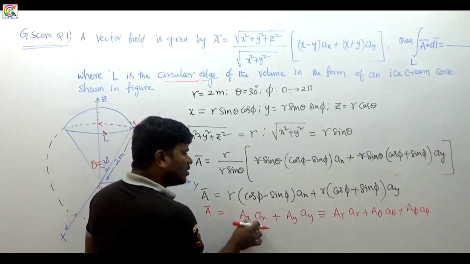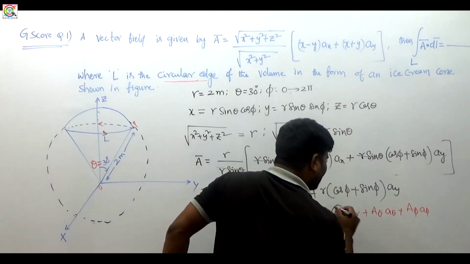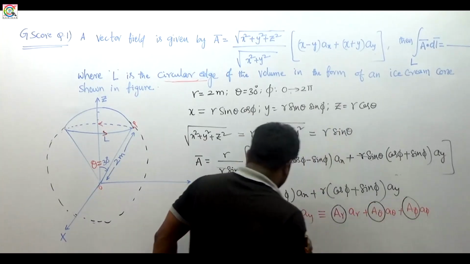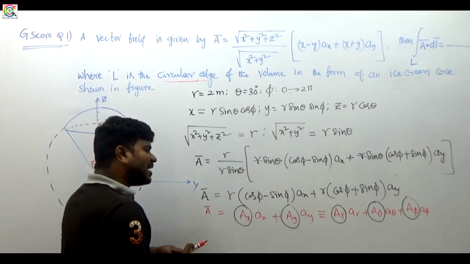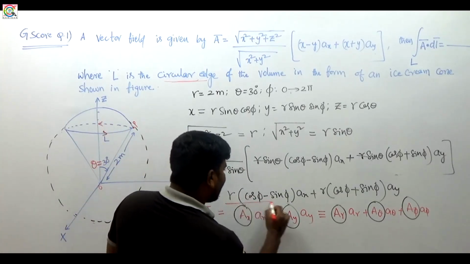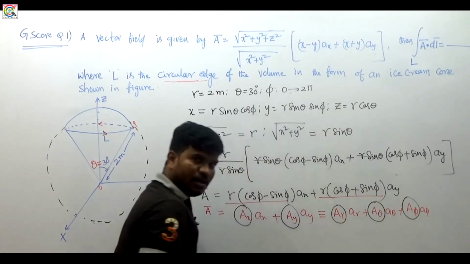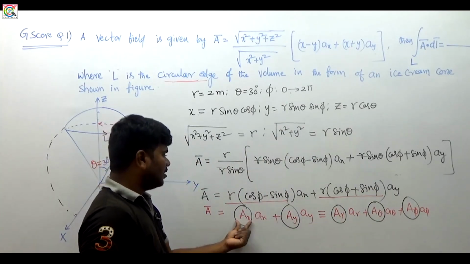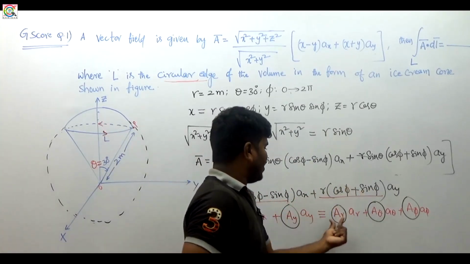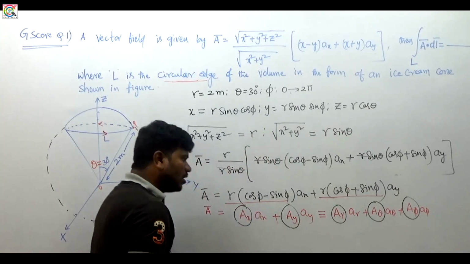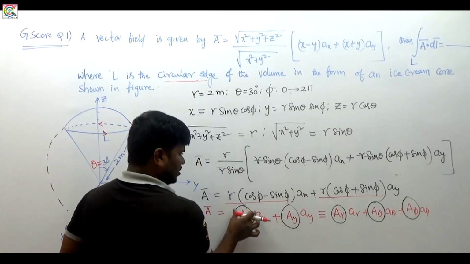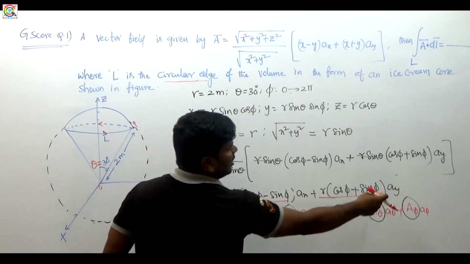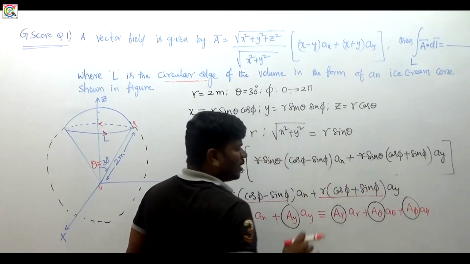So you have to calculate Ar, A theta, A phi by using Ax and Ay. So what are Ax and Ay? This is Ax and this is Ay, the multiplication component of ax is capital Ax, and the multiplication component of ay is capital Ay.